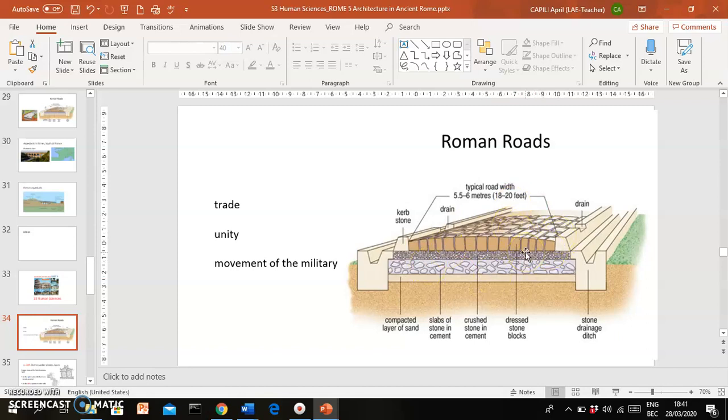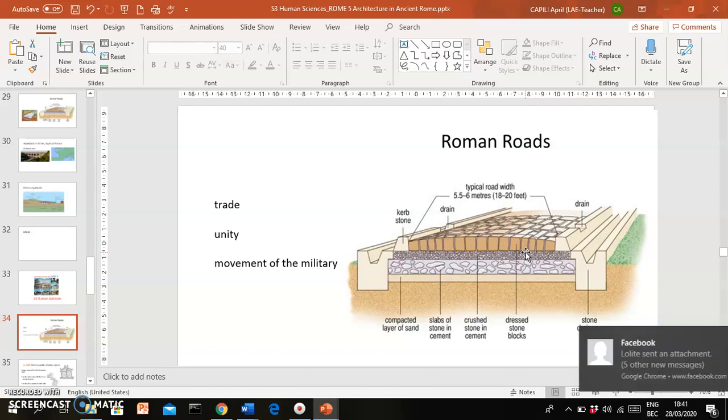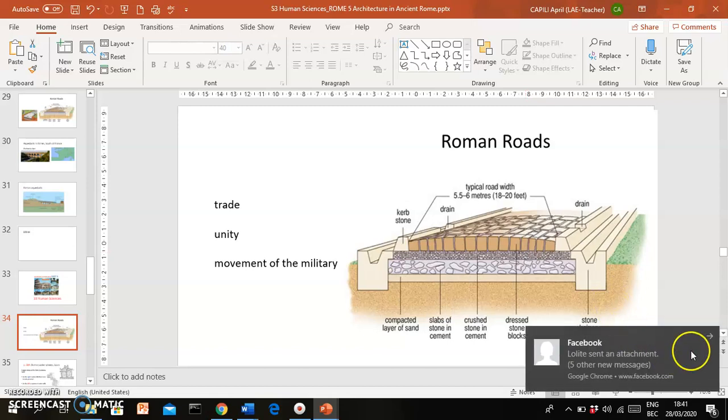The Roman road system was so important for several reasons. One, it facilitated trade, so it made trade within the empire possible. So you can imagine a large empire with a great population.